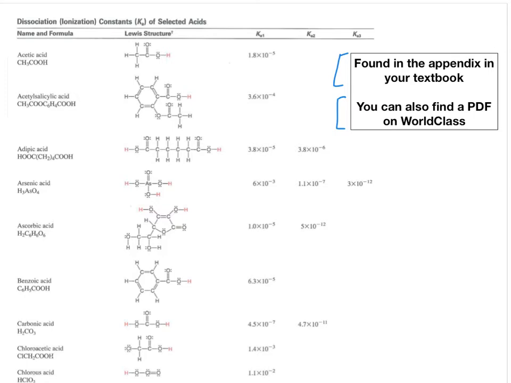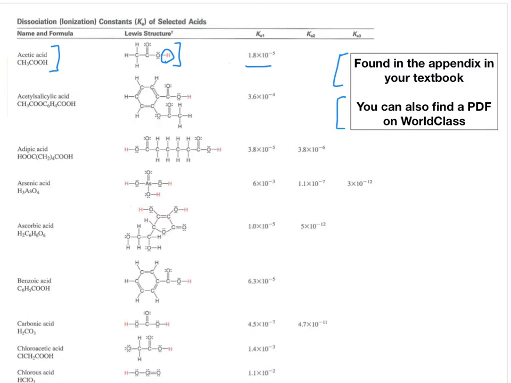You will see all of these Ka-Kb tables look a little bit different, but they all contain the same sort of information. They will all contain the name of the species and the chemical formula. A lot of them will show the Lewis structure of that species and will indicate the proton or protons that are acidic or the portion of the molecule that is basic, and it will list out its Ka values.